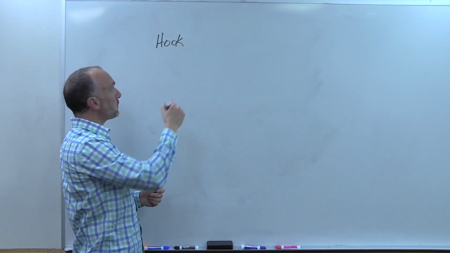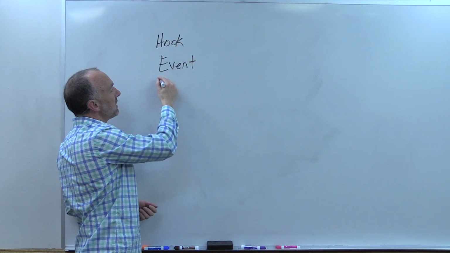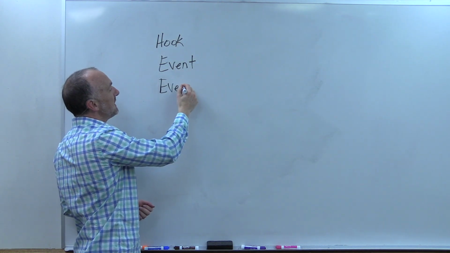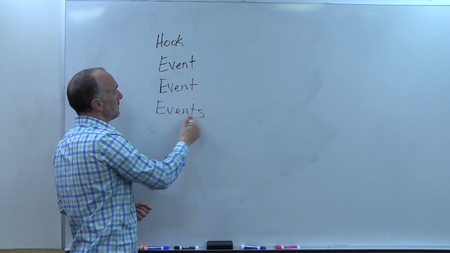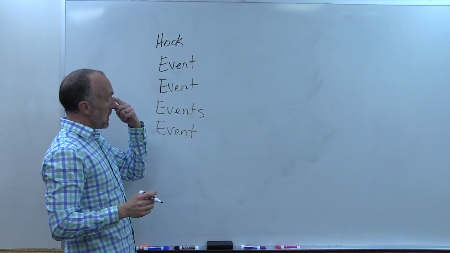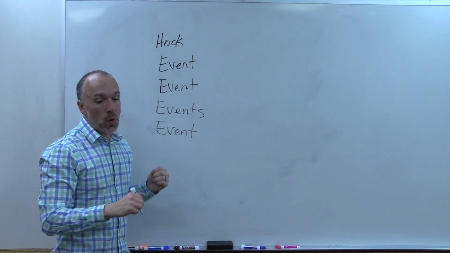So a hook, and then instead of having details, oh, I almost wrote detail, we want to just list events. Now, obviously, this looks like a planner, an organizer, but in the paragraph, we'll just have the events listed in order.